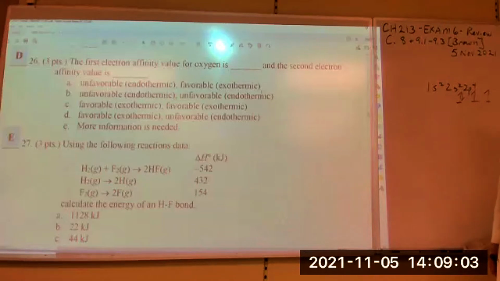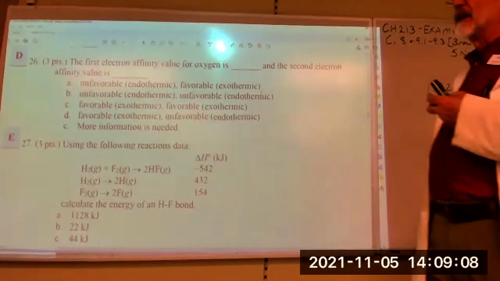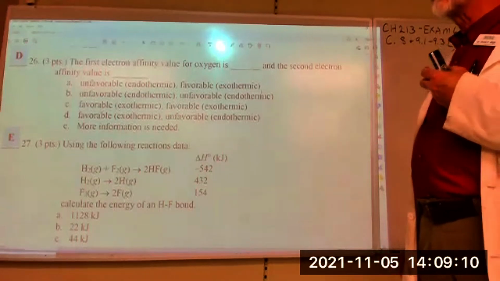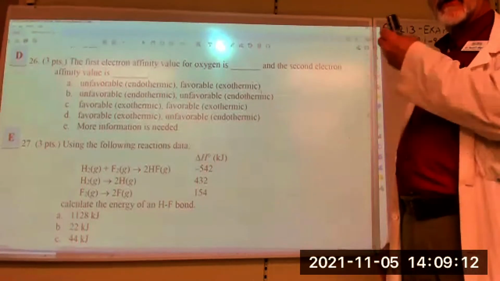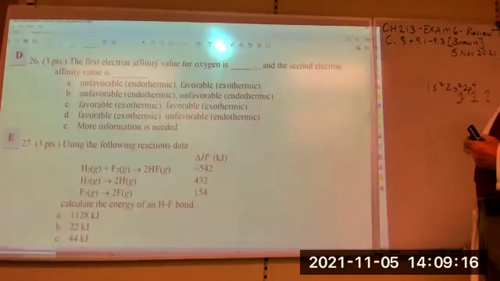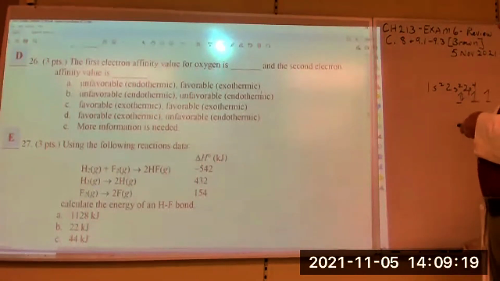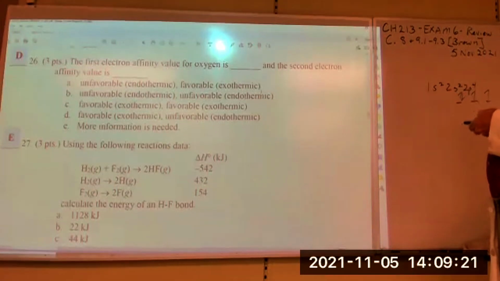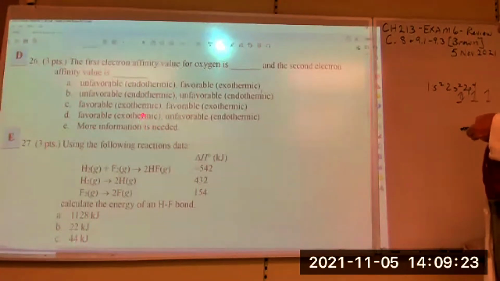Okay, here's what I was thinking when I wrote that. Electron affinities generally become stronger as we go from lower left to upper right. That means they become more negative or exothermic. So the first electron affinity should be exothermic, favorable, so it's one of these.